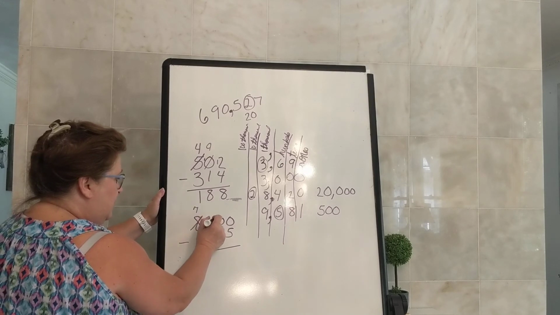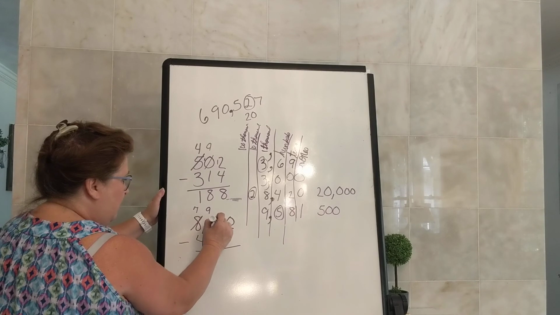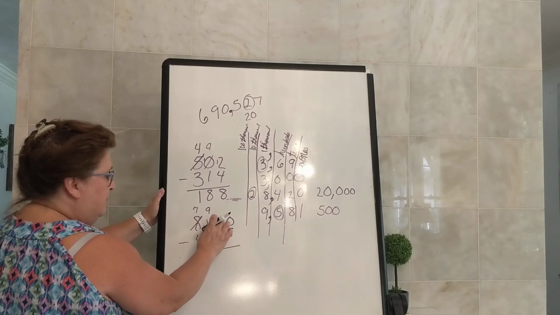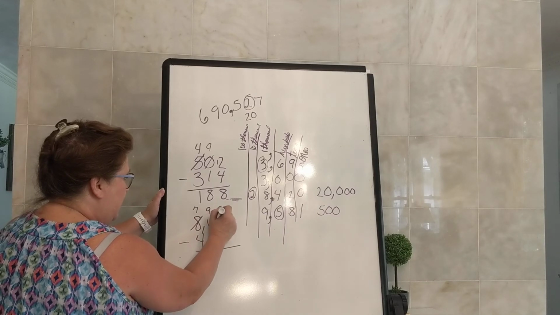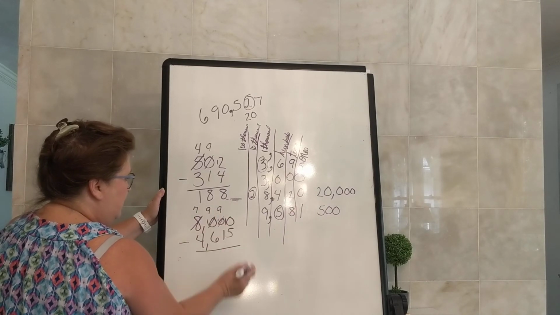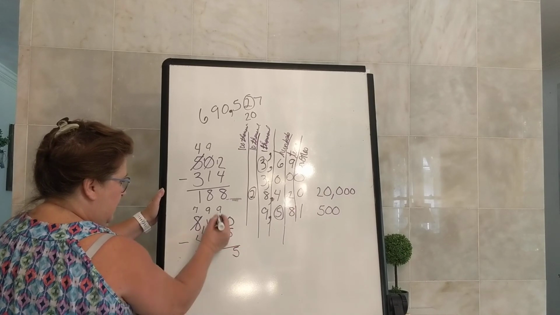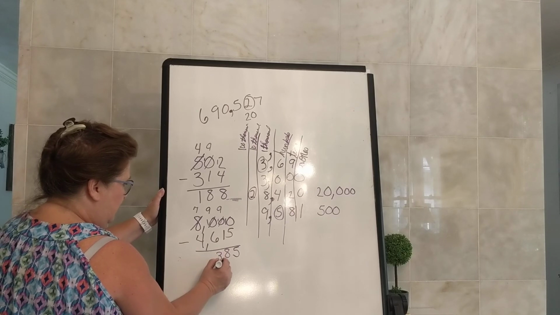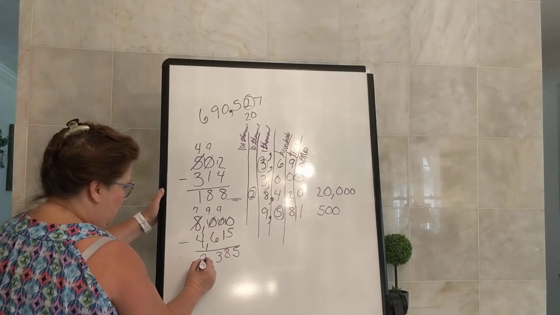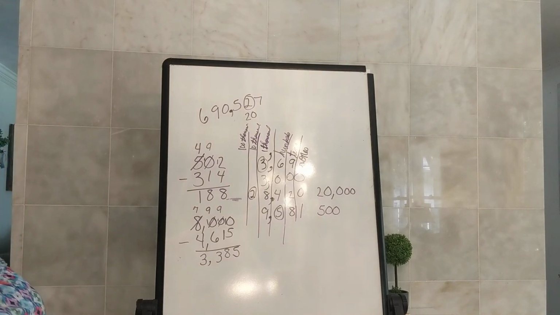So we're going to cross that 10 out and make it a 9. We're going to put our 1 that this one borrowed right here. So now this one is able to borrow from this one. So we'll cross that 10 out and make it a 9. And now this number is 10. So 10 minus 5 is 5. 9 minus 1 is 8. 9 minus 6 is 3. And 7 minus 4 is 3. So that is our answer. Okay?